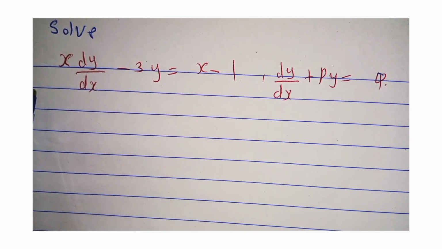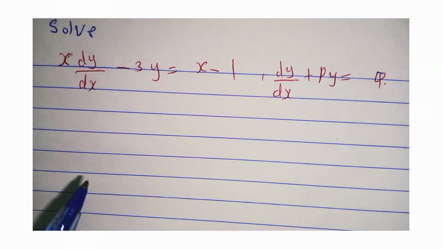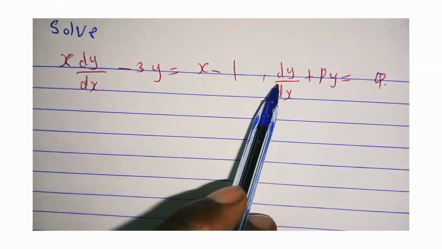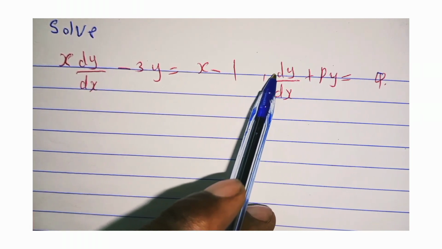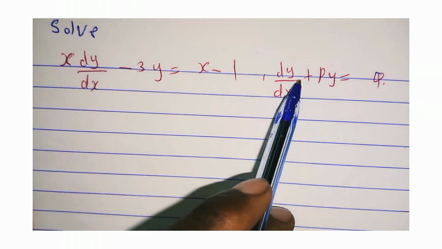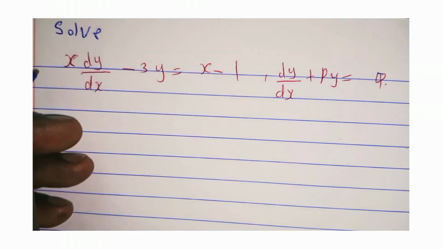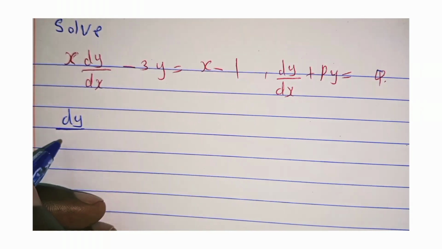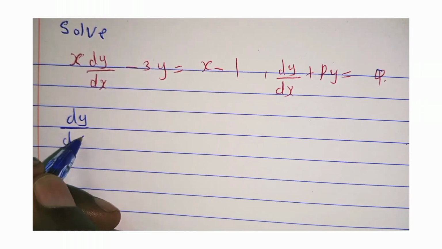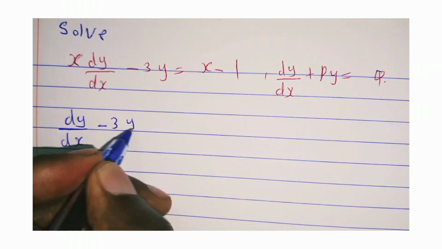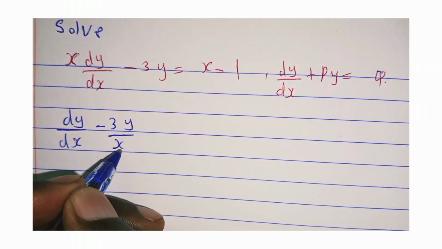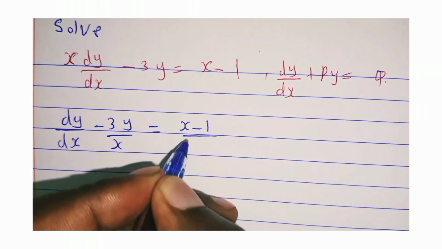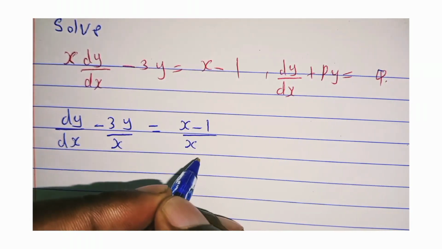We are dealing with the linear differential equation, whereby we make use of an integrating factor. Now, we are going to try to write this equation so that it becomes of the form dy over dx plus py. We write it by dividing both sides by x to get dy over dx minus 3y over x is equal to (x minus 1) divided by x.